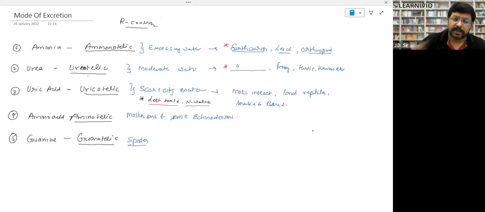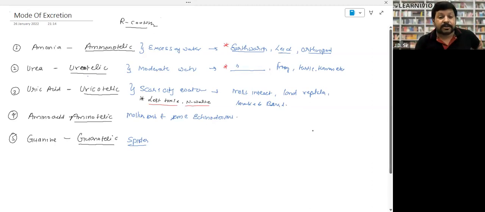This is a concept-building part. If an organism is living and you don't know its name, is it ammonotelic, ureotelic, or uricotelic? Suppose you know the organism is found in an environment where excess water is present, then definitely 99.9% that organism will be ammonotelic, right?